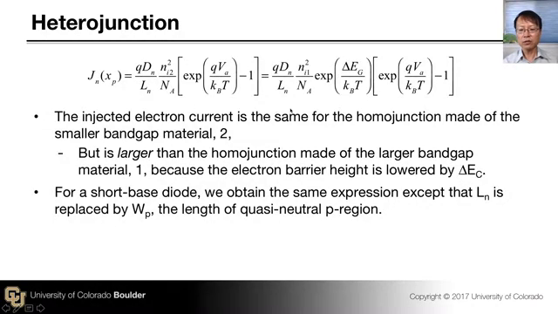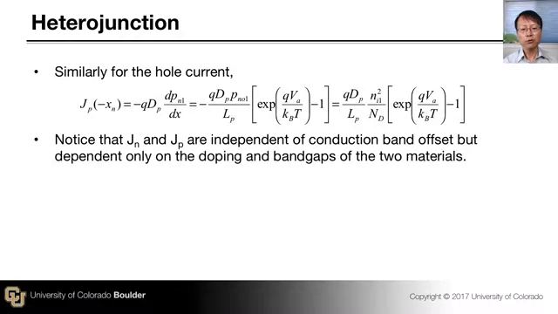And this is the equation for a long base diode, and that's why we use this diffusion length here. And for a short base diode, all we have to do is to replace the diffusion length with the length or width of the quasi-neutral region in material 2. You can do the same exercise for hole current being injected from material 2 to material 1 and derive the same equation.